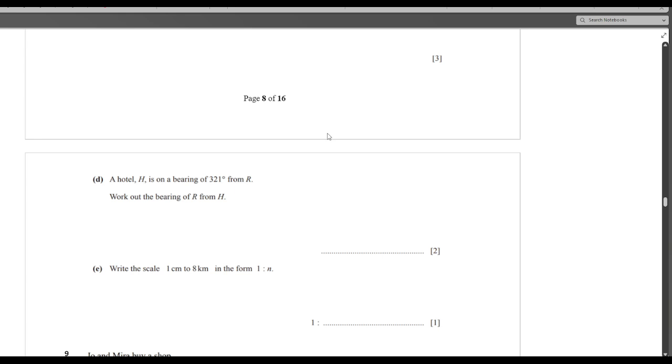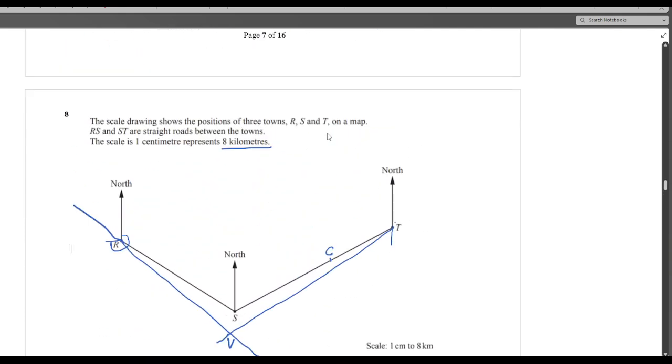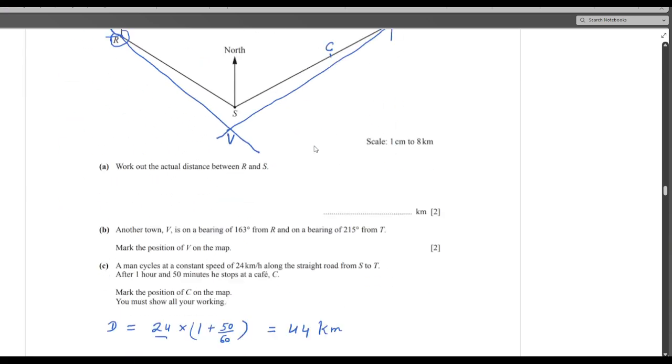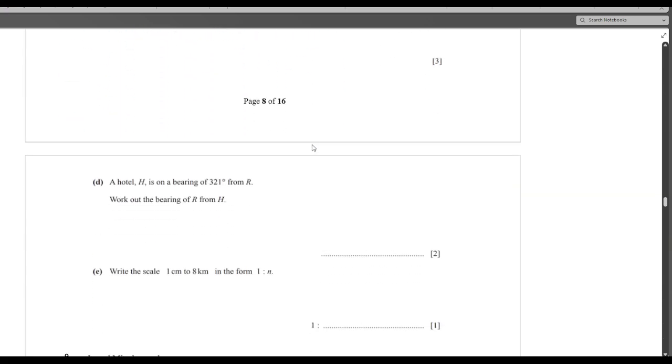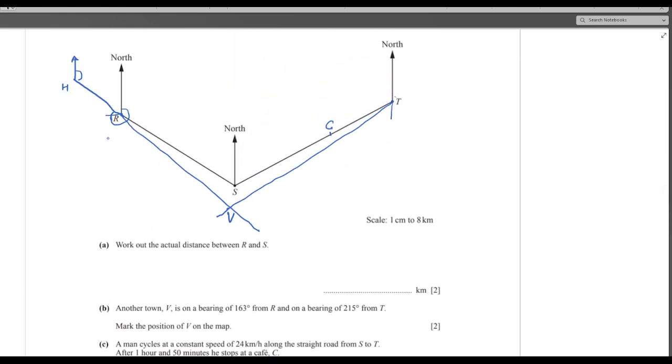Work out the bearing of R from H. So you have to work out bearing of R from H. So this is your H. You have to work out this. Okay, from here to this point, it is given 321. This is given 321.